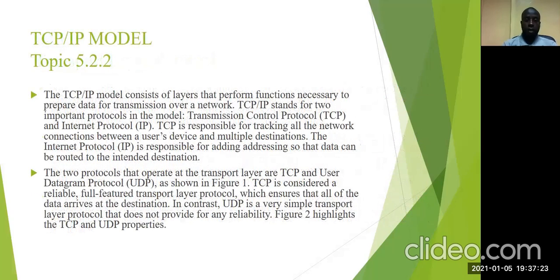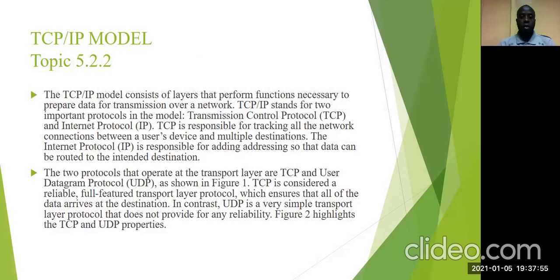Still on the TCP/IP model. The TCP/IP model consists of layers that perform functions necessary to prepare data for transmission over the network. TCP/IP stands for two important protocols in the model: Transmission Control Protocol, that's the TCP, and Internet Protocol, IP. TCP is responsible for tracking all the network connections between a user device and multiple destinations.